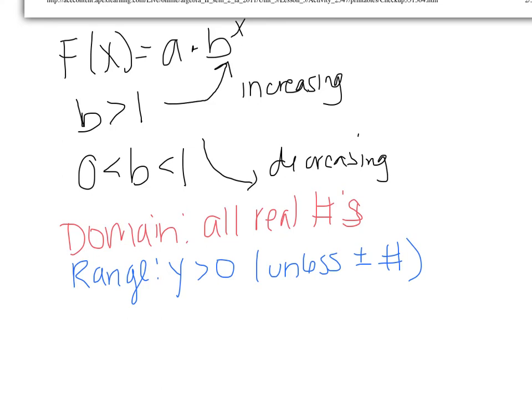And remember that your y-intercept is either going to be in the form of 0, 1 or 0, a. And that's if there's a value in front of it, like 4. Okay, really and truly, if you can remember those things right there, then you should be okay on the quiz.